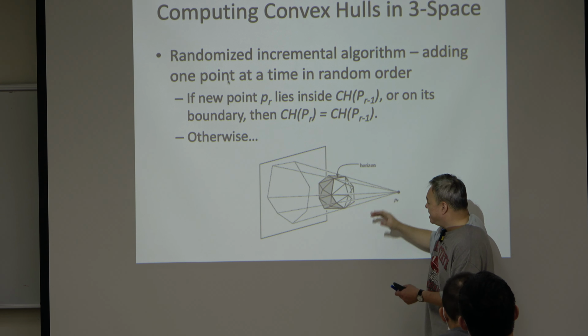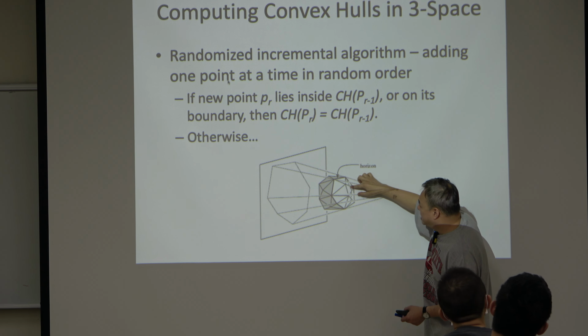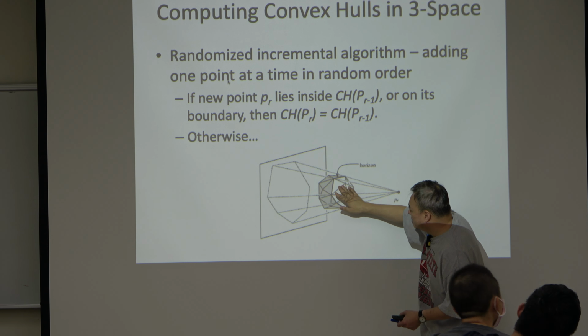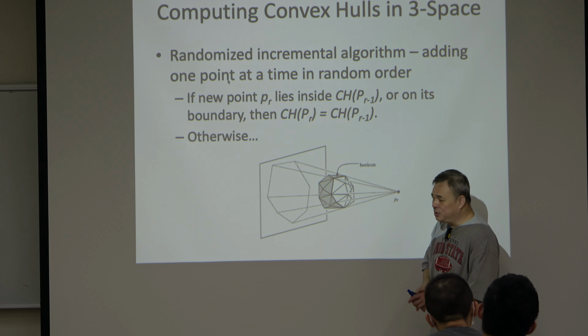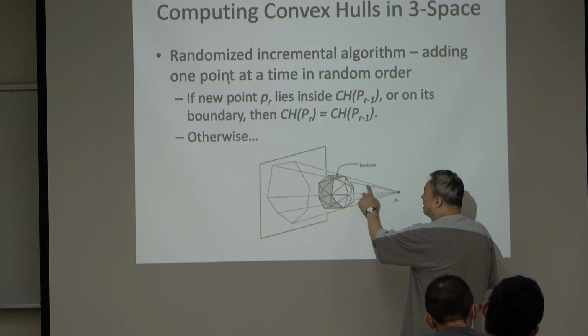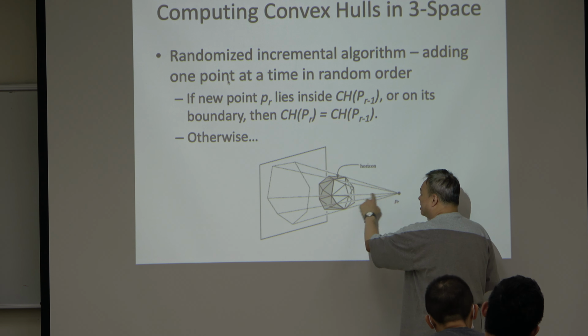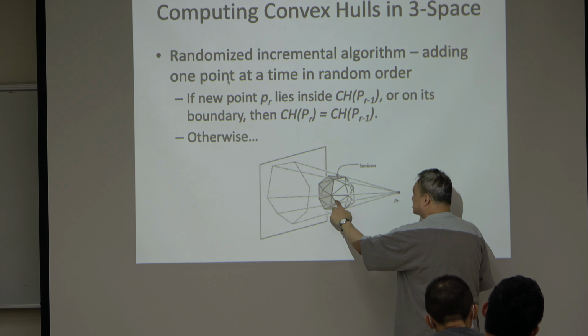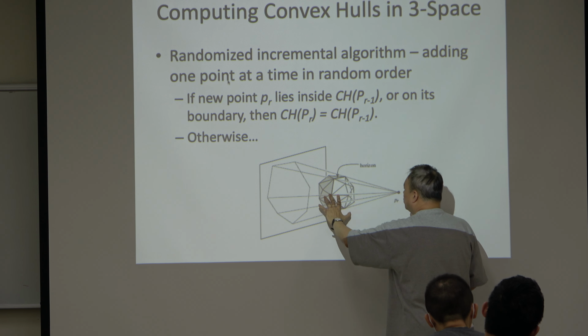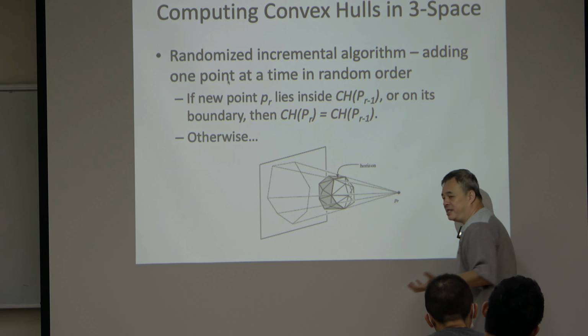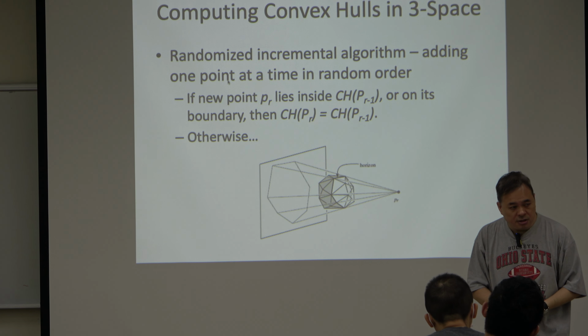And then after you delete the faces that are visible to you, you just add these boundary faces one by one to this polytope, and then you finish the insertion.